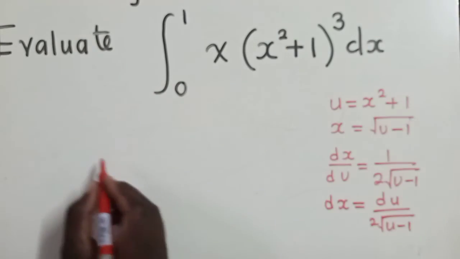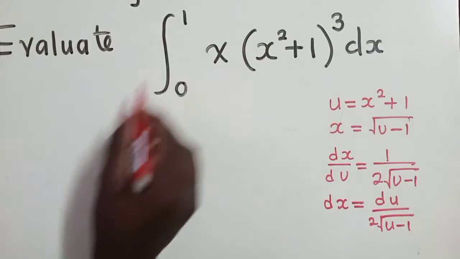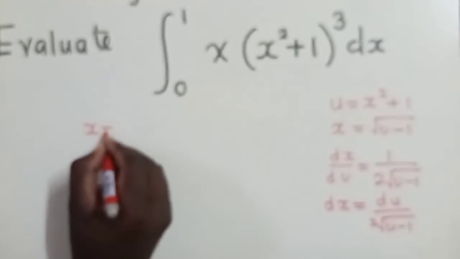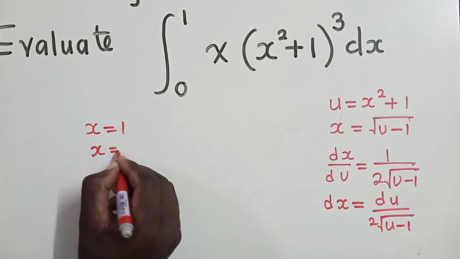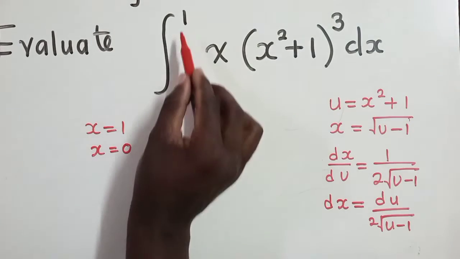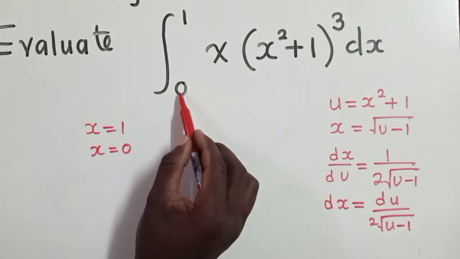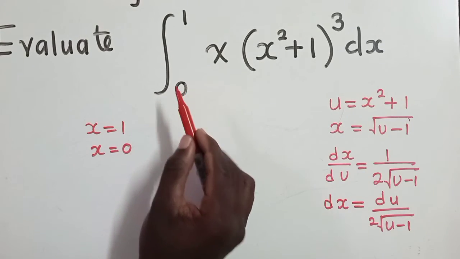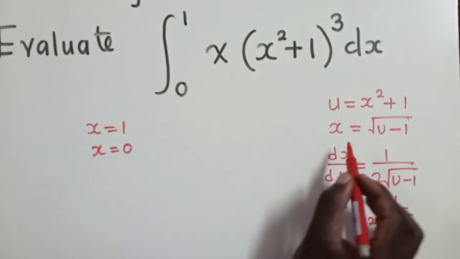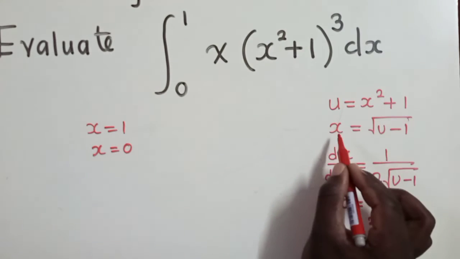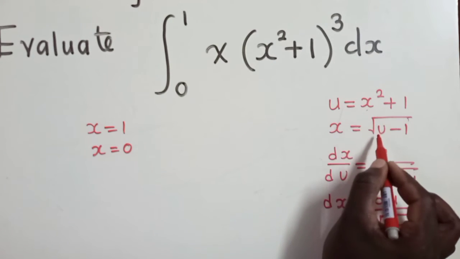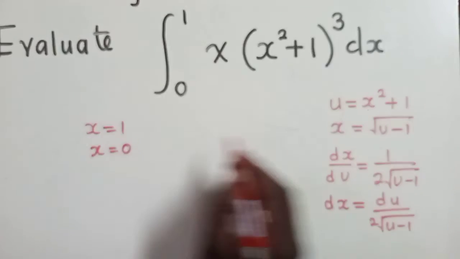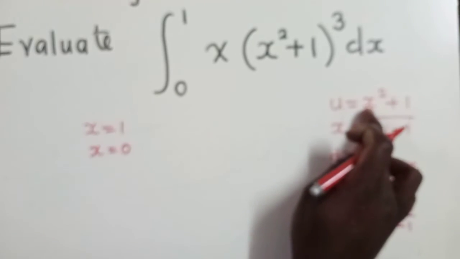Now for the limits, we know that x is equal to 1 and x is equal to 0. So the upper limit, x is equal to 1. The lower limit is x is equal to 0. Now we substitute. Where are we able to see x? It's right here or even here. So let's just move with this one. We're going to substitute a 1 here.